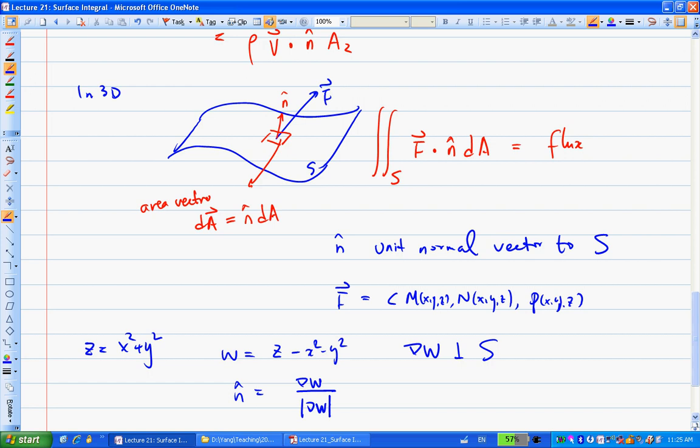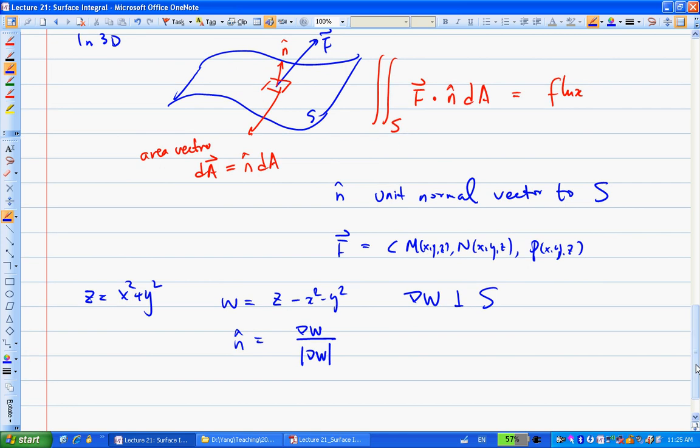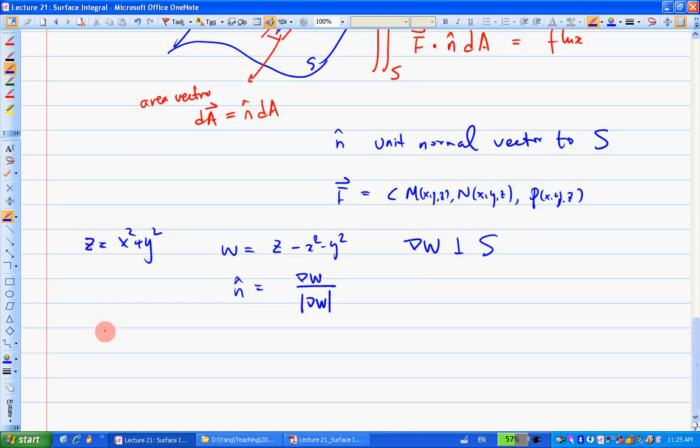Now the only question that comes up is, how do I evaluate this double integral? Before we talk about the different cases to evaluate it, there's one important thing we need to see first: the direction, the so-called orientation of S and n hat.